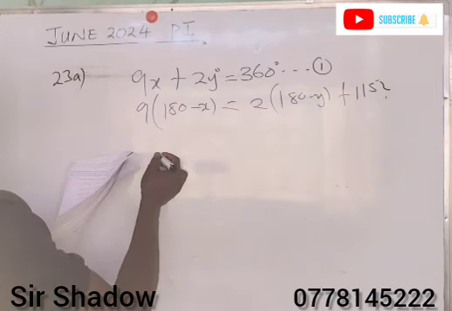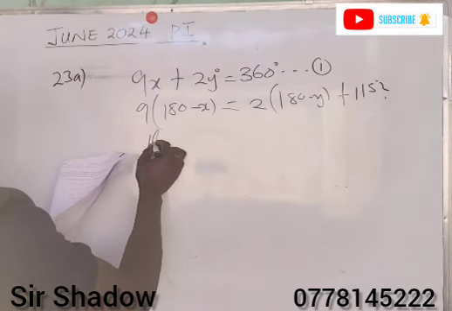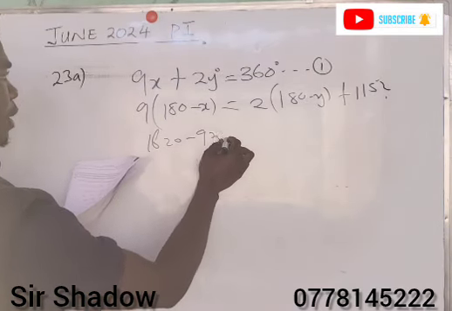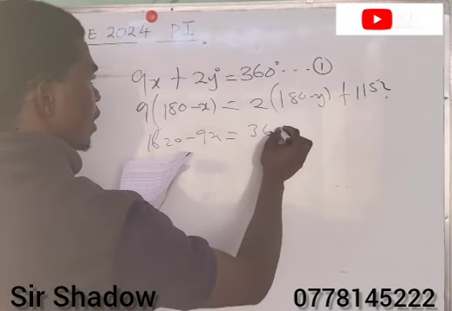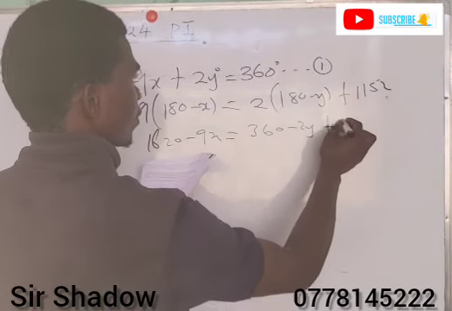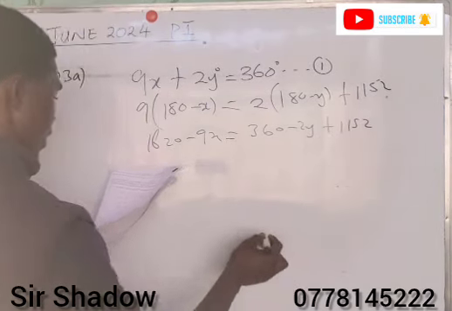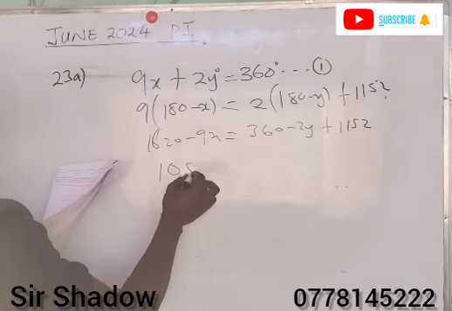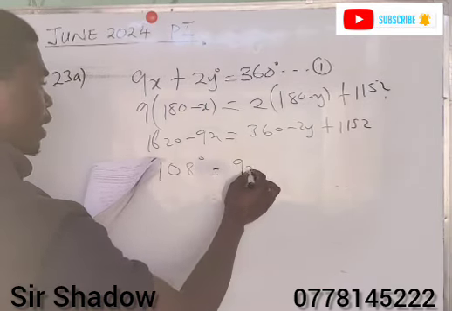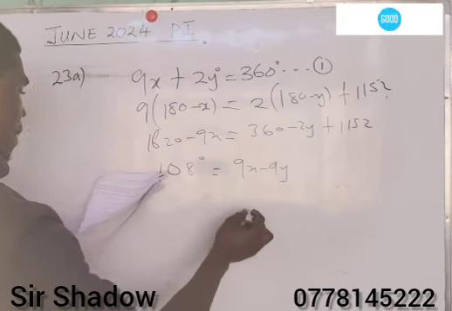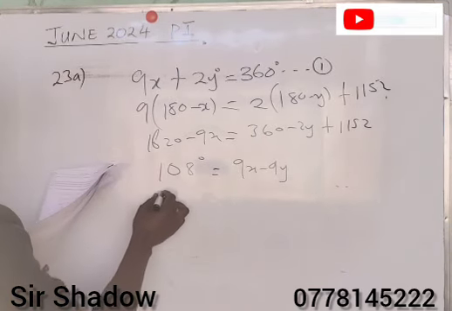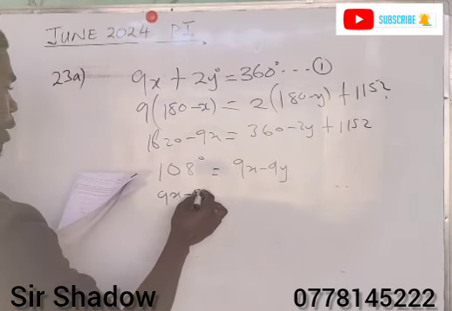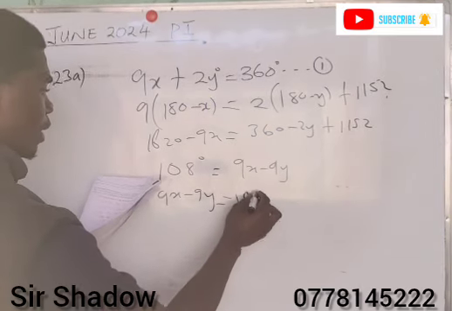If you simplify this, it becomes 1620 minus 9x equals 360 minus 2y plus 1152. And this minus this one, it becomes 108 equals 9x minus 9y. Then 9x minus 9y equals 108. This is equation 2.